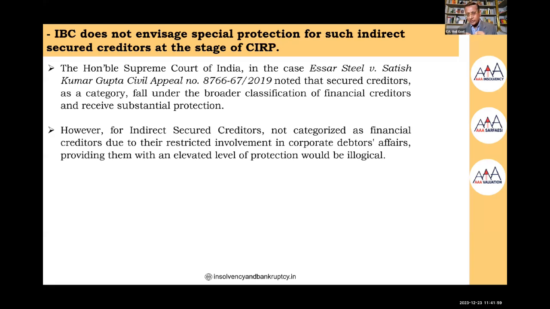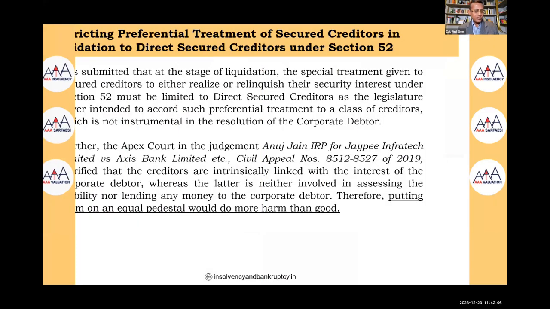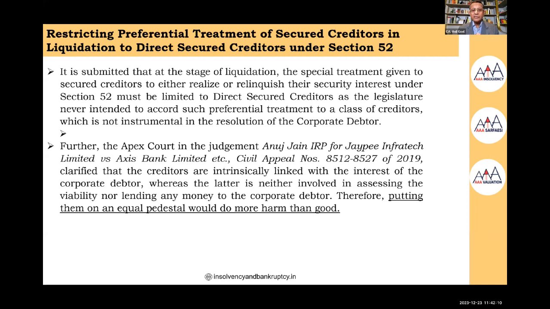And after that, we actually have received this Section 30 subsection 4 amendment in IBC. Now, coming to another question, restricting preferential treatment of secured creditor in liquidation to direct secured creditor under Section 53.